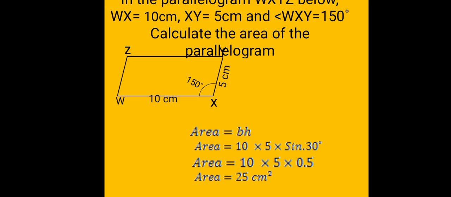Now, the base is 10. The height is 5 multiplied by sine 30. When we solve, we get the area as 25 centimeters squared.